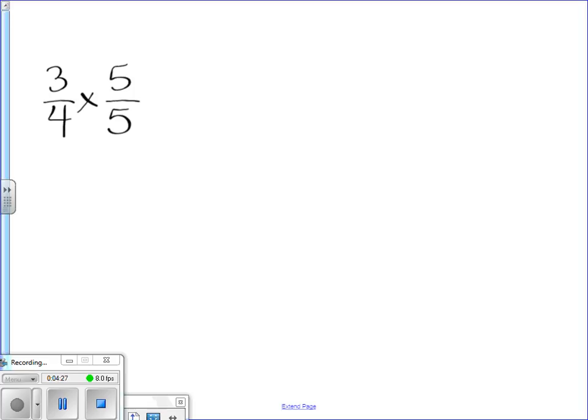So what should we get? 15 20ths, because we multiply our fractions straight across. 15 20ths. So that would eventually become that 3/4.